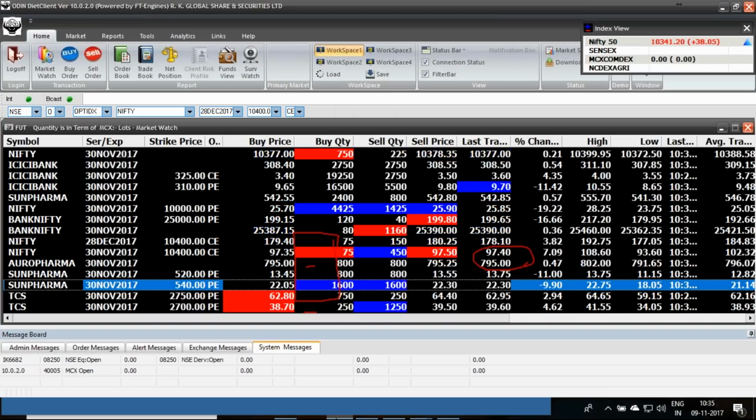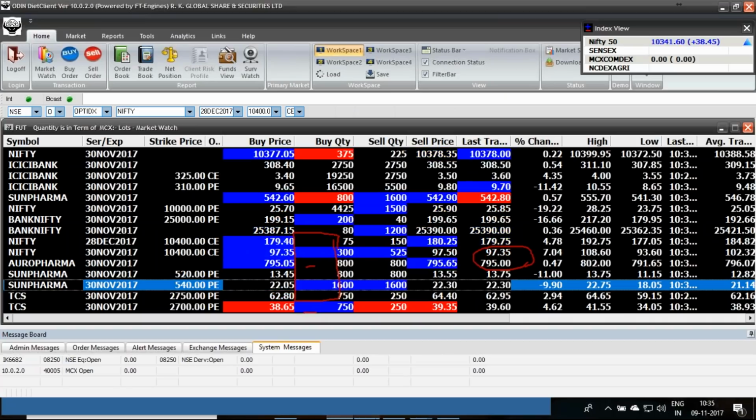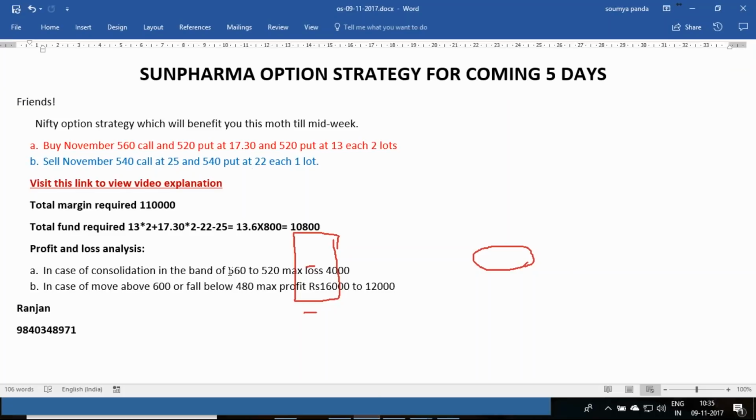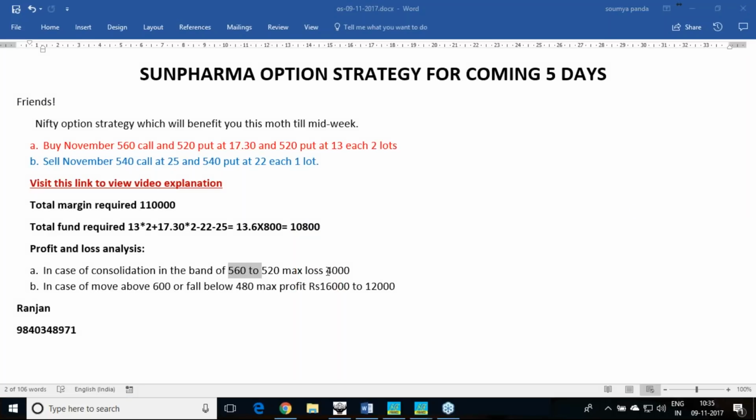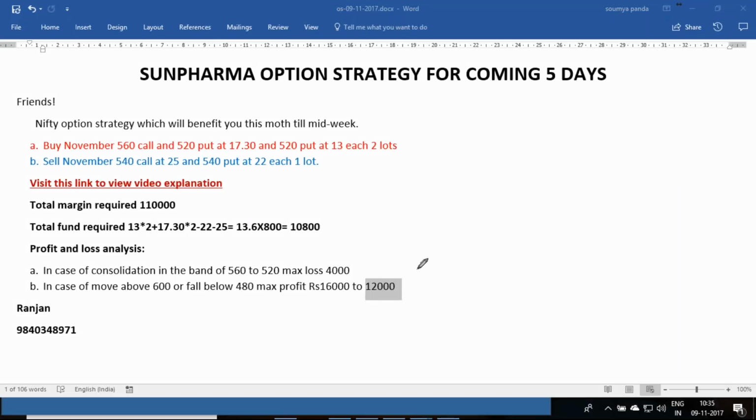In case of a great move, you have every probability of making a good gain. I am giving a net loss of maybe around 4,000 rupees on the downside, and if it moves to the 600 or 480 level, it can give us 16,000 or 12,000 rupees profit.